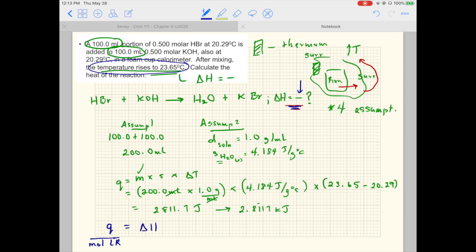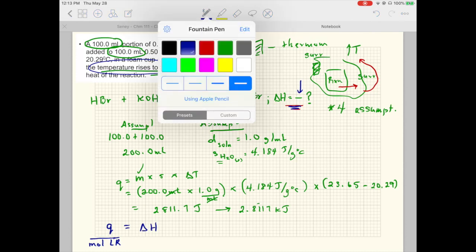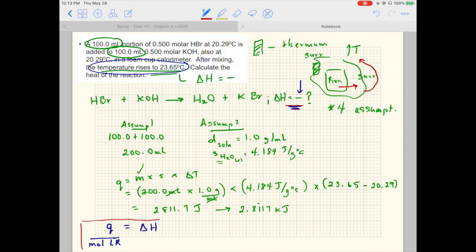That will get us to delta H. So this is a new equation for us. To get from Q to delta H for a balanced equation, we have to divide by the moles of limiting reactant. We haven't had to do that before because it's either been given to us or indirectly given to us. So that means we have to find the moles of the limiting reactant.